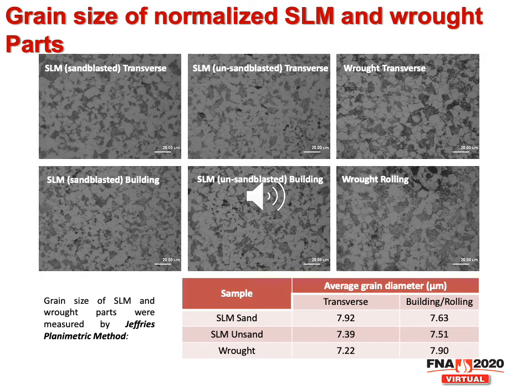So after the normalization, both the selective laser melted part and the wrought part show the same microstructure, pearlite plus ferrite. So the only difference could be the grain size, but after we measured the grain size for these parts, we found there is no big difference, just a little bit.